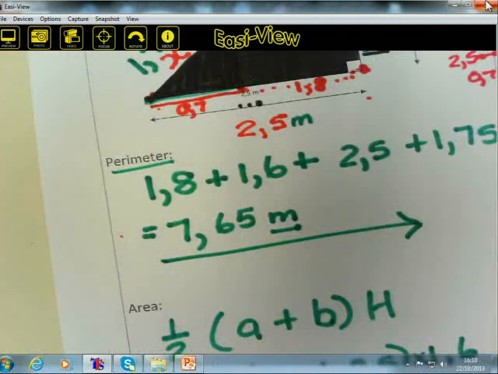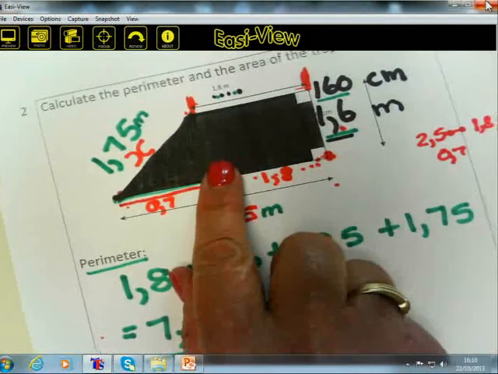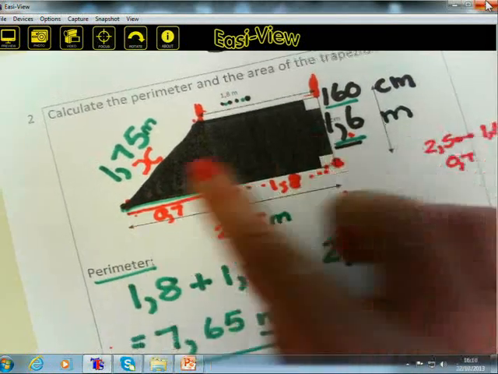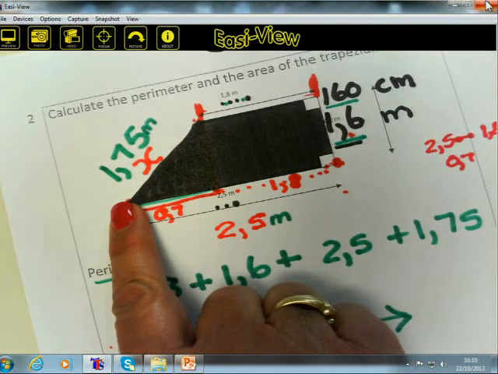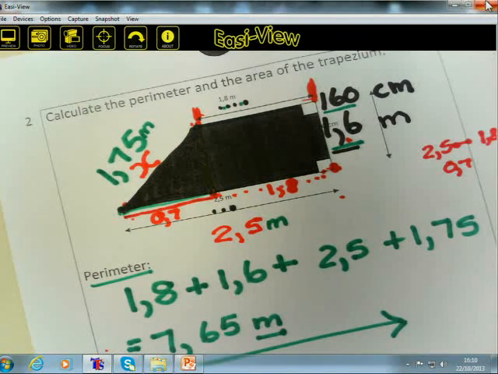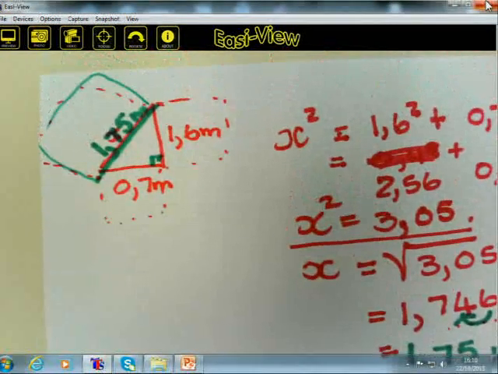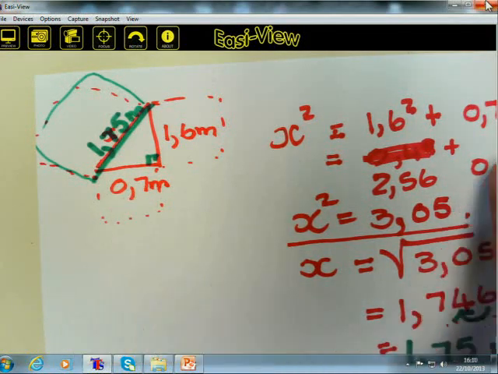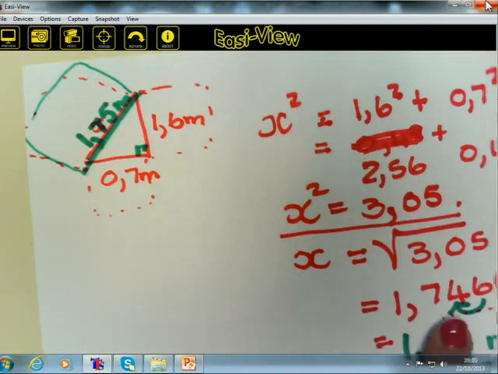Right, let's recap what we have done now. We got the figure of a trapezium. Not all the sides were given. We did not get the length of this hypotenuse. So we had to use the theorem of Pythagoras. We used the theorem of Pythagoras by squaring these two sides, adding them together, and getting the square root of that.